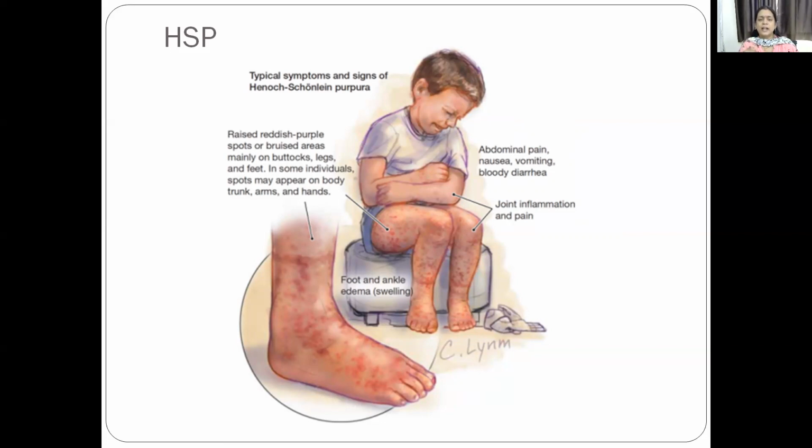The child who comes to you with suspicion of HSP will also give you a history of GI infection or diarrhea prior to that, or a sore throat. Okay, this can lead us to some immune pathology in the production of this kind of disease and these kind of lesions.